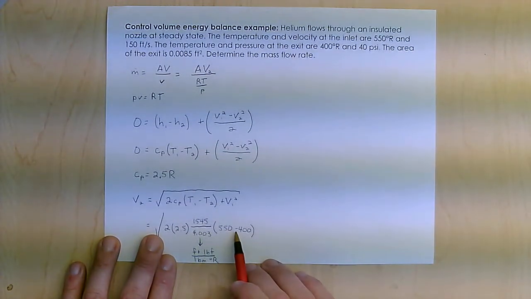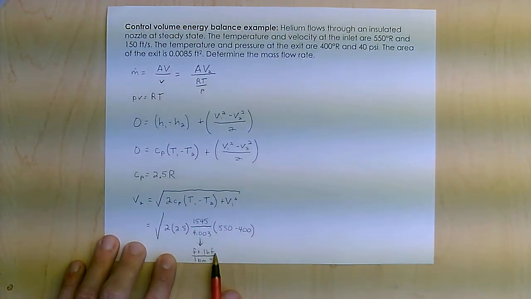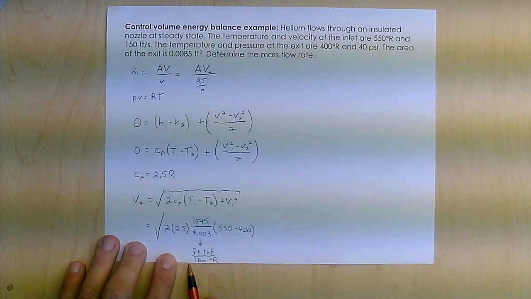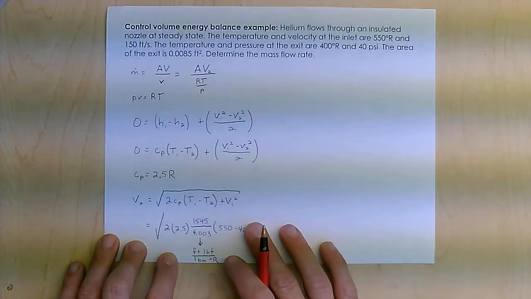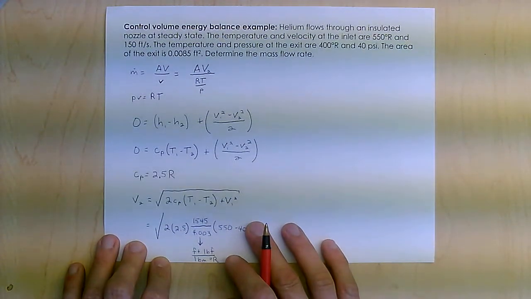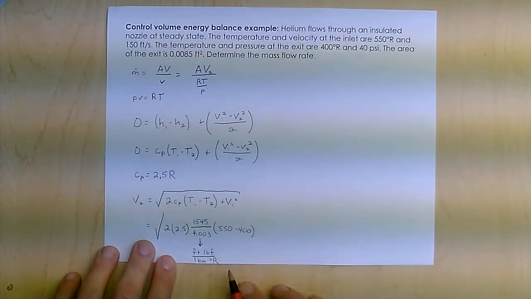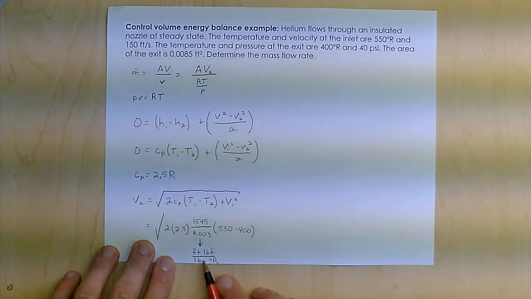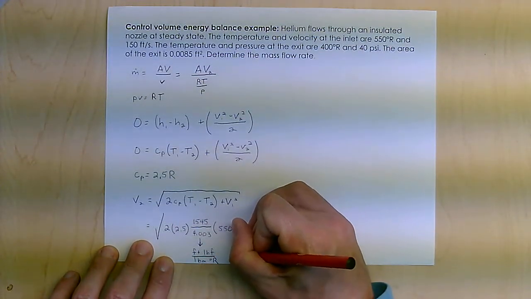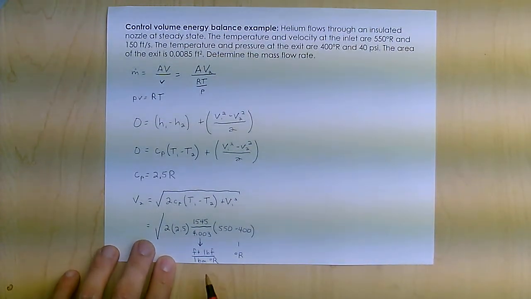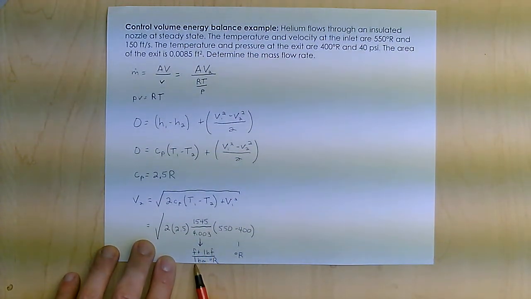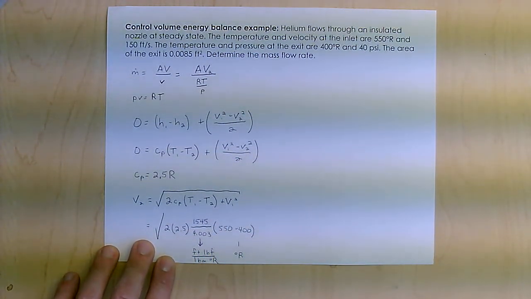The temperature is in degrees Rankine. What I need to do is get foot-pounds per pound into feet squared per second squared.